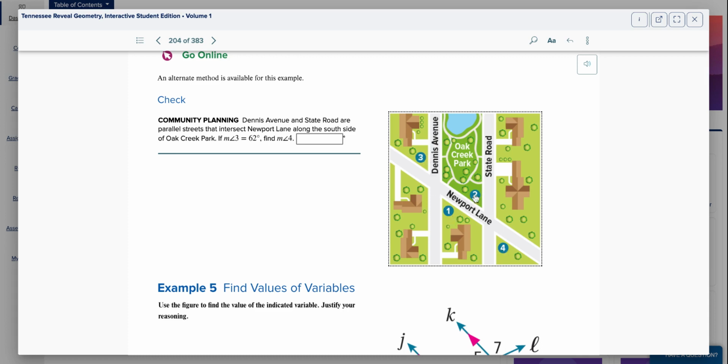There's my checkerboard. They jump over. 3 and 1 are vertical angles. 1 and 2 are alternate interior. 2 and 4 are vertical angles. They're all equal to each other. So if angle 3 is 62, so is angle 4, 62 degrees. Looks like I got a little degree mark right there.